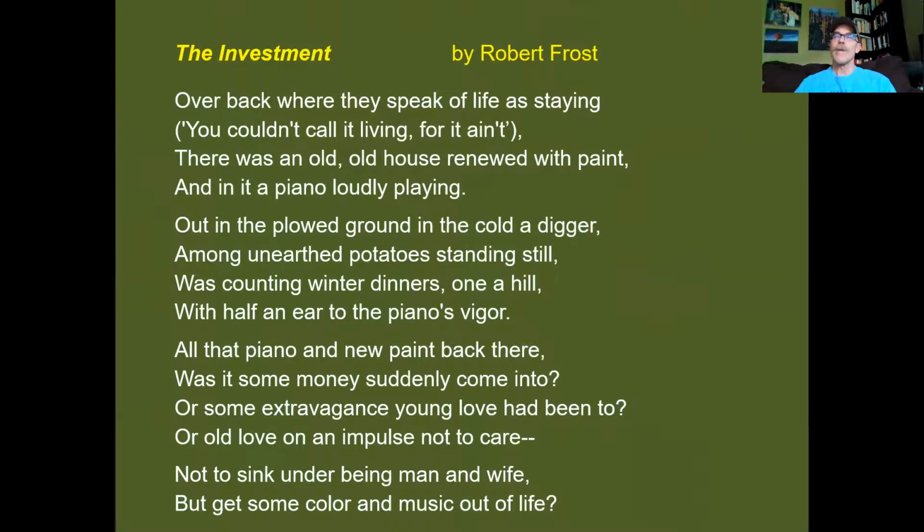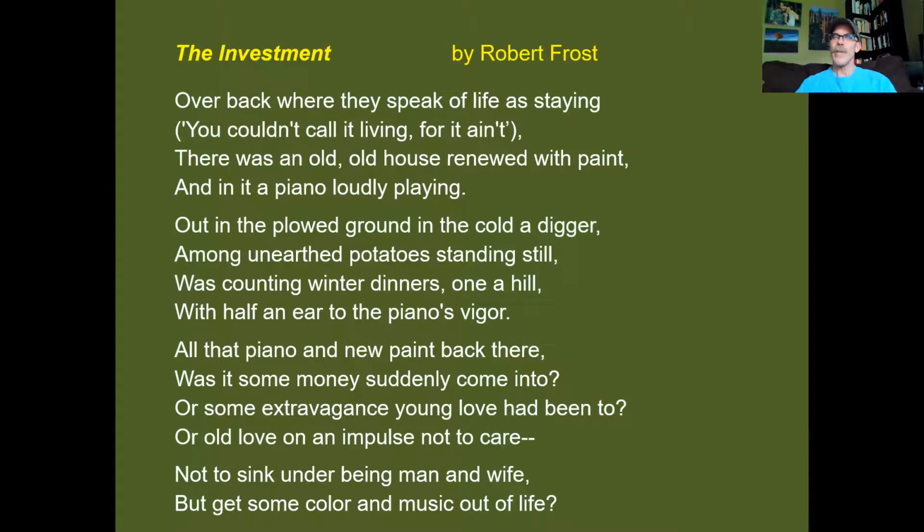Over back where they speak of life as staying, couldn't call it living for it ain't. There was an old house renewed with paint, and in it a piano loudly playing. Out in the plowed ground in the cold, a digger, among unearthed potatoes standing still, was counting winter dinners one a hill with half an ear to the piano's vigor.